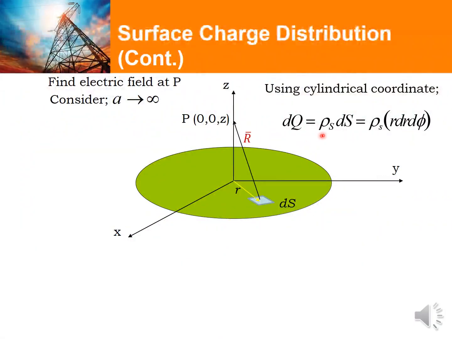dq will be equivalent to rho_s dS, and dS in the cylindrical coordinate system will be defined as r dr d phi.